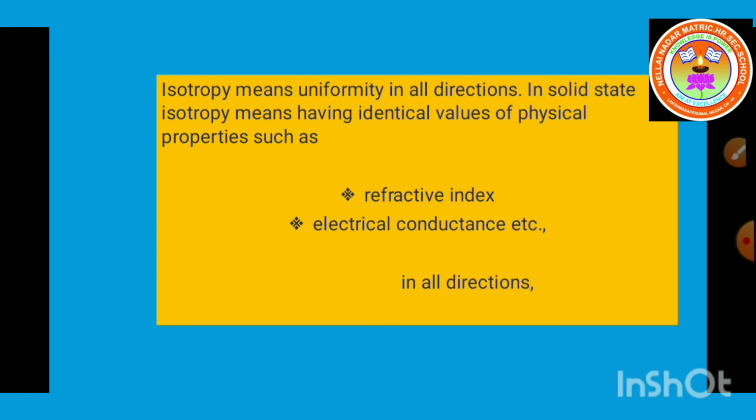In solid state, isotropy means having identical values of physical properties. What are the two physical properties discussed here? One is refractive index, another is electrical conductance, in all directions. What is the meaning of iso here? That is same. That's why it is called isotropy, meaning uniformity in all directions.